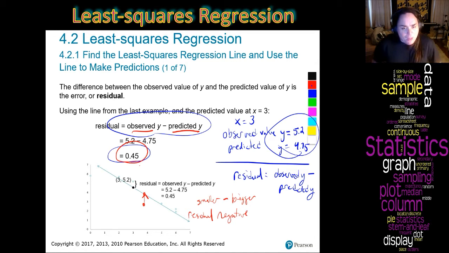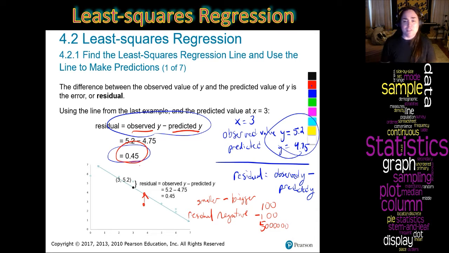Now here's the problem. If you were to just add up all of the positive residuals and negative residuals, the positives and negatives would cancel out. So if I have really big residuals of like 100, negative 100, 5 billion, or let's just say 5 million.